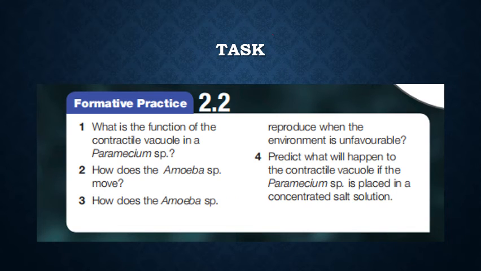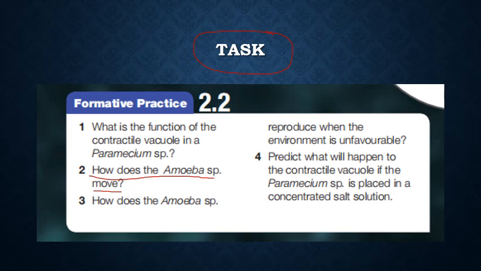So this is our task for today's class. What is the function of the contractile vacuole in Paramecium? You need to state the process. The process is osmoregulation. What is osmoregulation? It is to expel excess water in Paramecium. Now, how does the amoeba move?